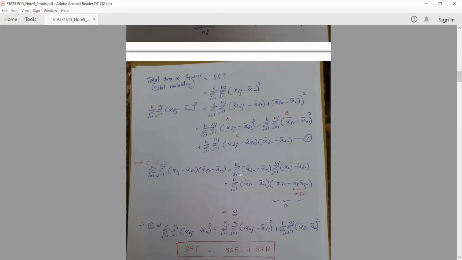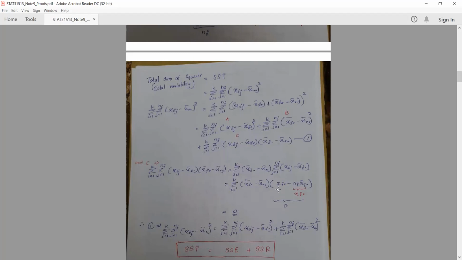If you just rewrite this one and observe this term, xi dot bar minus x double dot bar, you can see it's independent from the index j. So let's keep it here. So we have i goes from 1 to k, xi dot bar minus x double dot bar. Here we have j goes from 1 to ni, xij minus xi dot bar. If you look at this term, if you take j from 1 to ni for xij, you are taking the total of all the observations under treatment i.